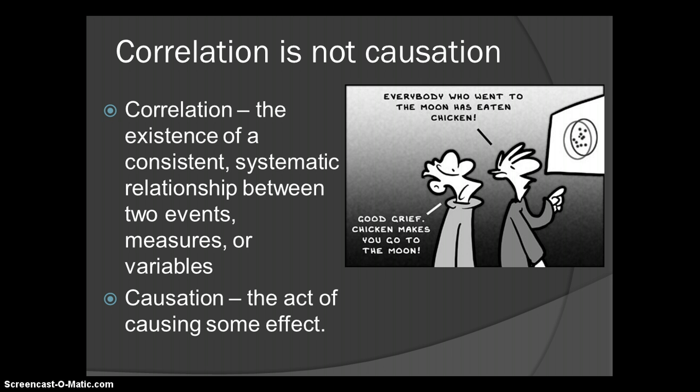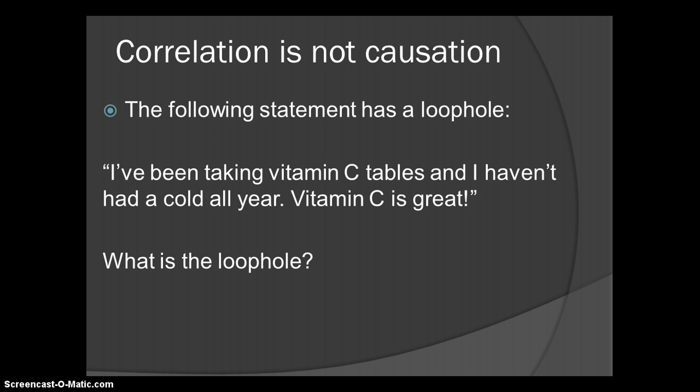So there is a correlational relationship. There is some sort of systematic relationship between eating chicken and going to the moon. However, it is not a causal relationship. People who eat chicken don't necessarily go to the moon, or people who go to the moon, it's not necessarily that it causes them to eat more chicken. Therefore, it's very important to distinguish between those two elements.